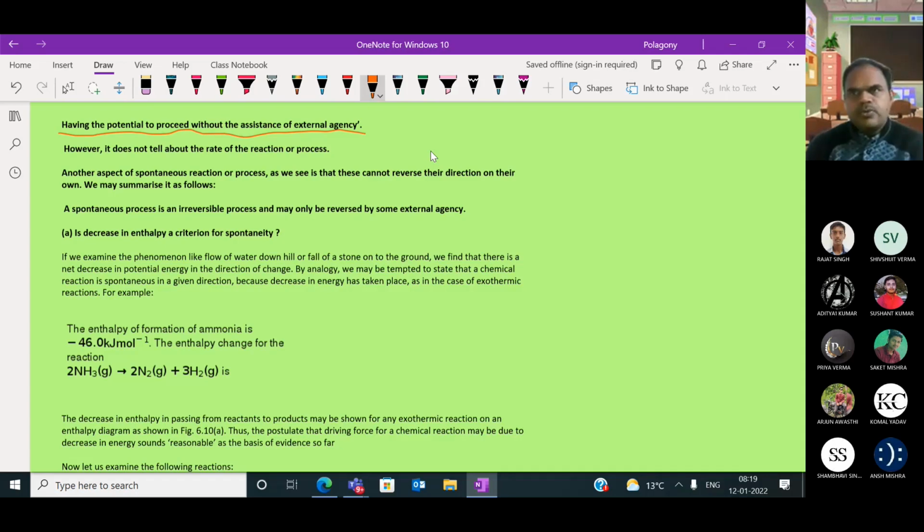The molecules move from higher concentration to lower concentration without using external force. Am I right? Diffusion. If you keep two bodies, one hot, the other cold, without doing any work, the heat can transmit from hot to cold without spending energy.